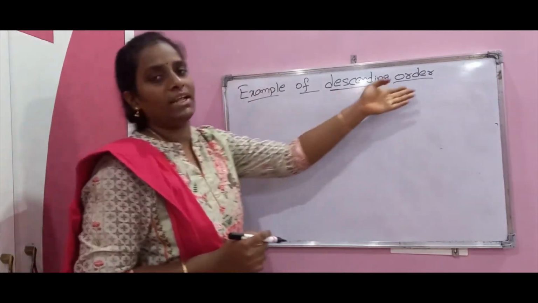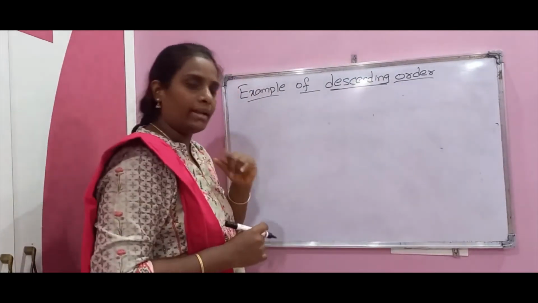Now, example of descending order. We'll take another numbers.